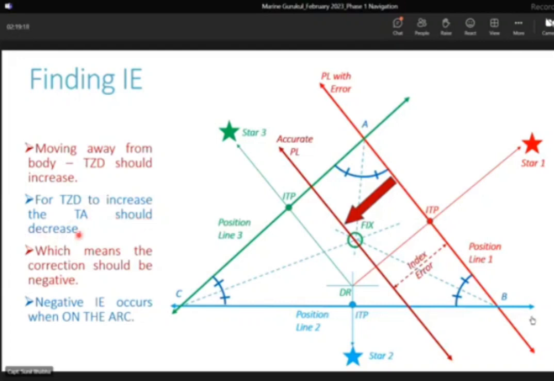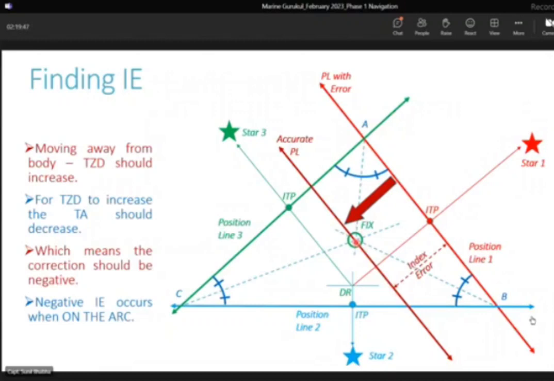The value of the true altitude would be lesser. When true altitude decreases, the true zenith distance value would automatically increase. And as the true zenith distance increases, this red color PL, which was having an error, will be corrected, and you will have the accurate PL, which is the maroon color PL passing from the fix.